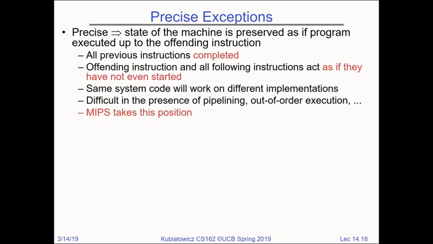Fortunately, there's something called precise exceptions. I don't know that they cover these in 61C, but I thought I would tell you about this. So what's a precise exception? It says that the state of the machine is preserved as if the program executes up to the offending instruction. All previous instructions have completed, and nothing afterwards has started.